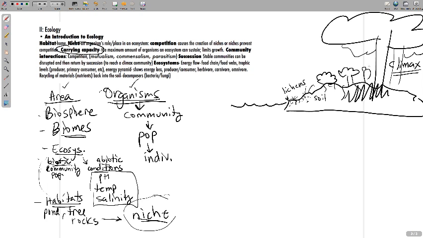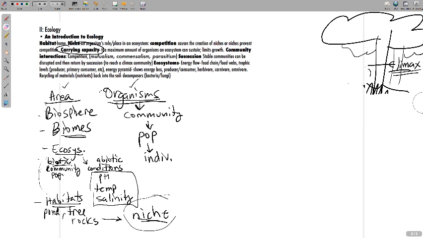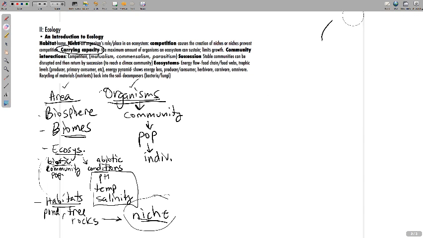And so what happens is if we chop down these trees or there's a forest fire, basically a climax community will come back. So this is sort of how an ecosystem progresses over time. So that's what succession is.